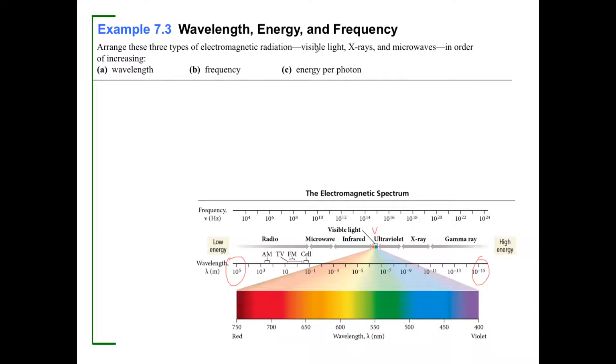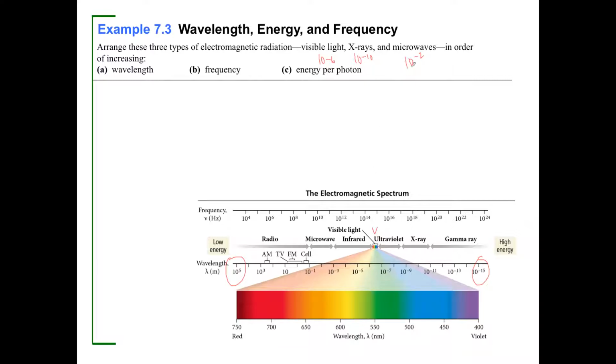I'm going to put a note here. Visible light is, let's see, 10 to the what? Minus 6. X-rays is here. Looks like that's 10 to the minus 10. And microwaves is here. Looks like that's 10 to the, oh, I don't know, minus 2. Centimeters, I guess, right?